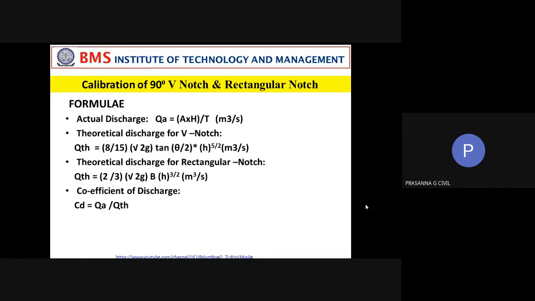Formulae that are being used are: actual discharge Q equals A into H divided by T, where A is the area of the collecting tank, H is the rise of water in the collecting tank, and T is the time for rise of water in the collecting tank. Theoretical discharge formulae for V notch and rectangular notch are different.